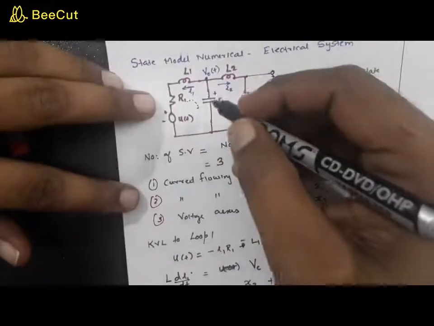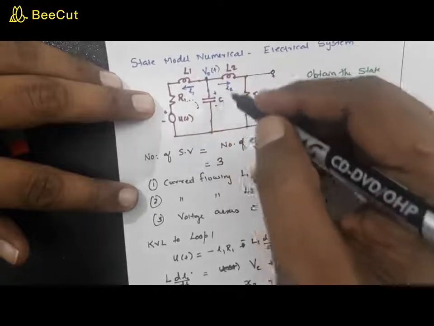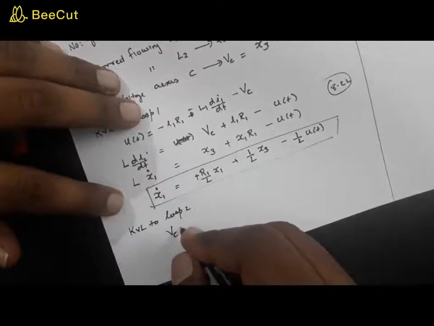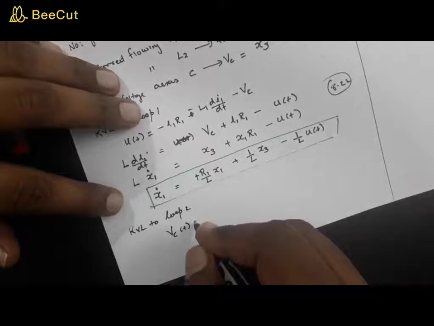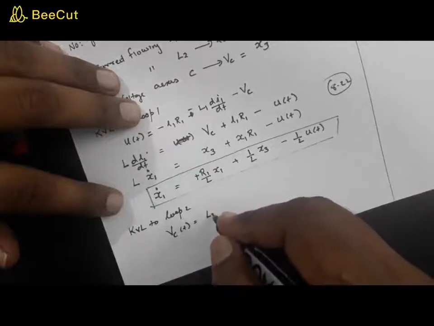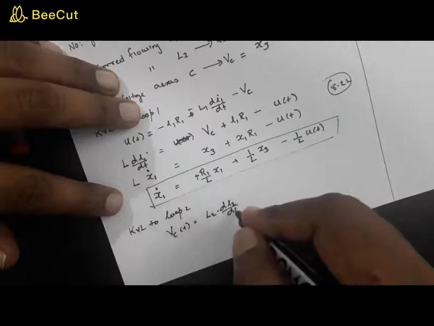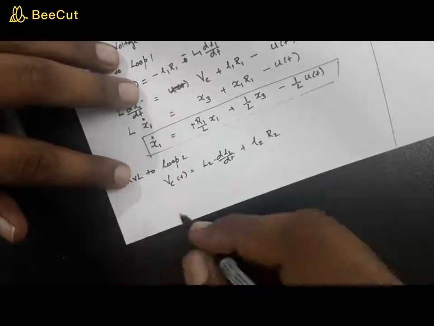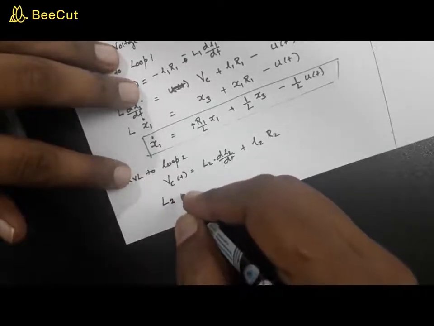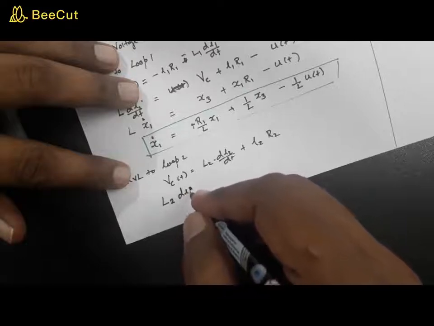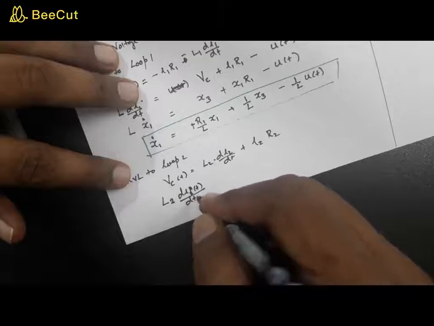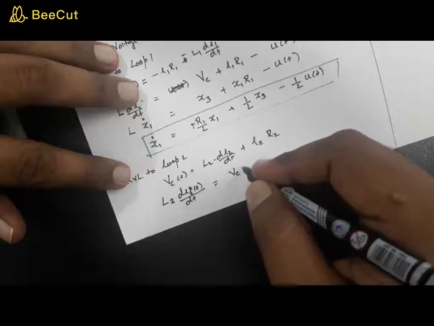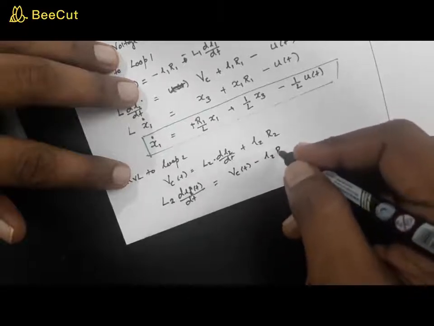When you apply KVL to loop 2, look at the direction of I2 and the polarity of Vc of t. So you can write this equation as Vc of t equal to L2 into di2 by dt plus I2 into R2, or L2 into di2 of t by dt is equal to Vc of t minus I2 into R2.